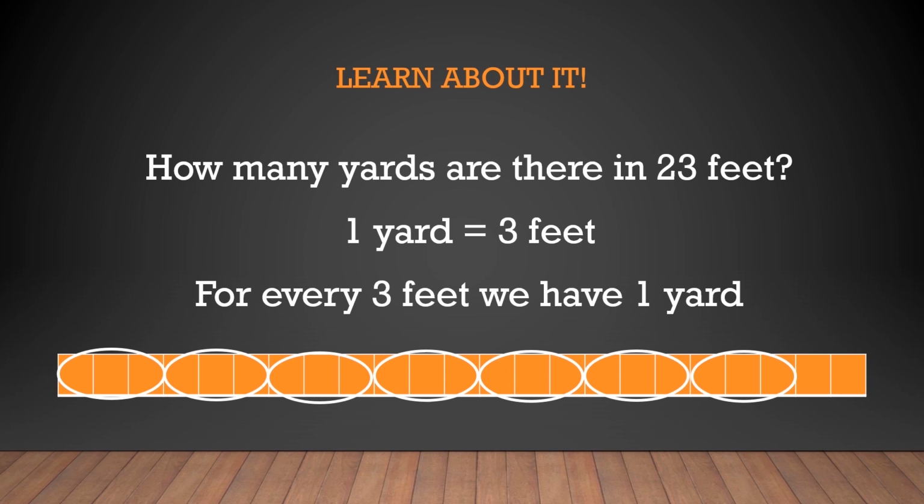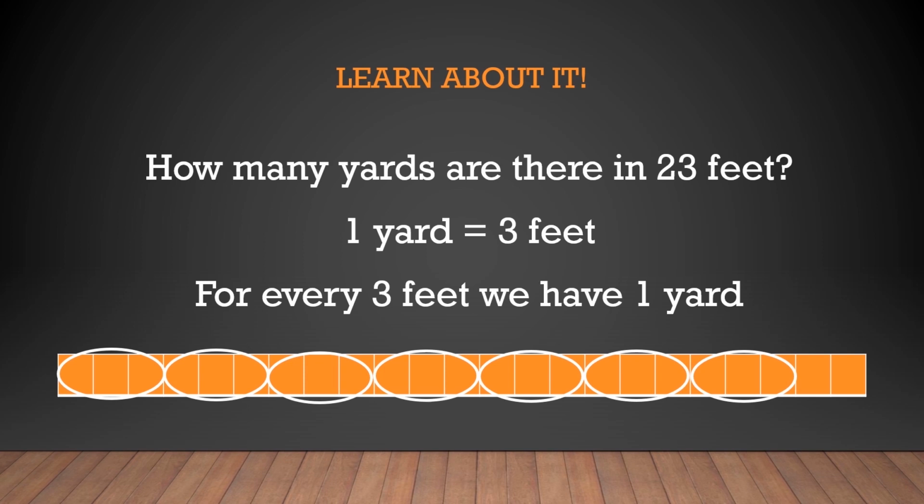Take a look at how many yards we have and how many feet that was equivalent to. So we had 3, 6, 9, 12, 15, 18, 21. So out of the 23 feet, we have 21 of them circled off into 7 yards.